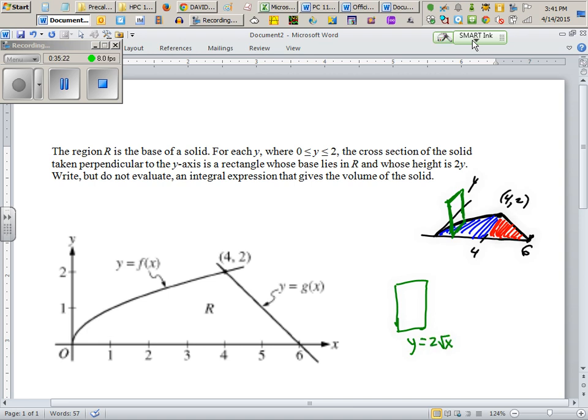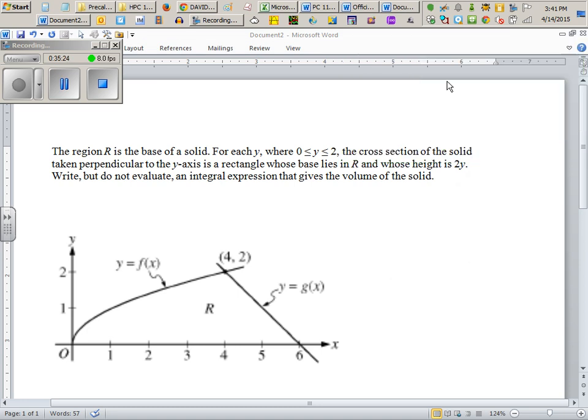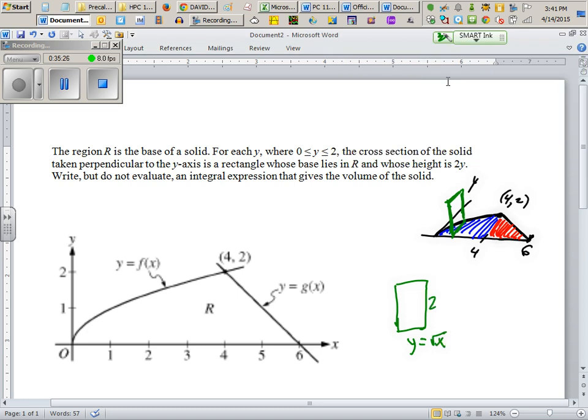I'm sorry, this is rad x here, and this is 2 rad x. That's if you draw your rectangle in the blue region. If you draw your rectangle in the red region, it's a little bit different. You got to be kind of careful here. You kind of need to know this curve.